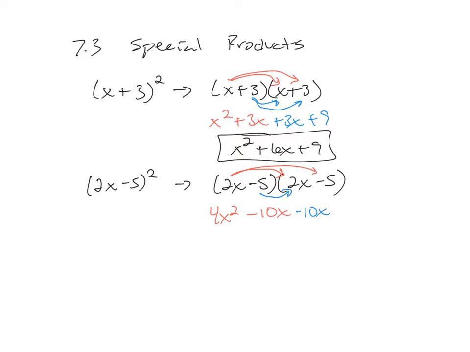Another negative 10x, and then negative times negative is positive 25. Okay, and the x squared part at the beginning, you're not going to be able to combine with. Negative 10 and negative 10 is negative 20. It's not 0. In order for it to be 0, you'd have to have one positive and one negative. It's like minus 10 and then minus 10 again, minus 20. Okay, and then 25.